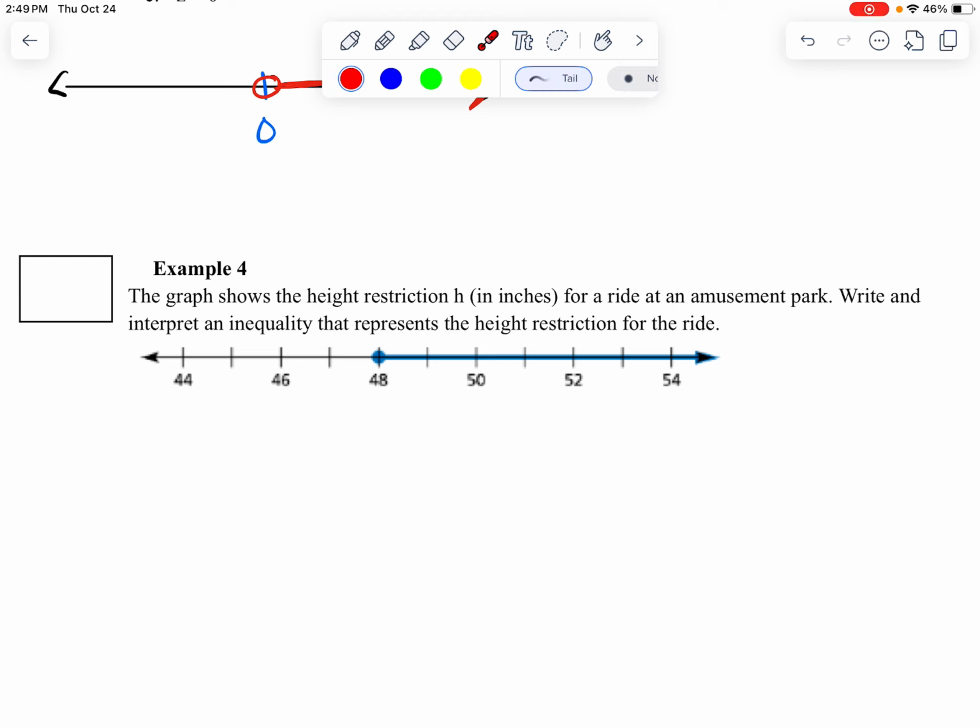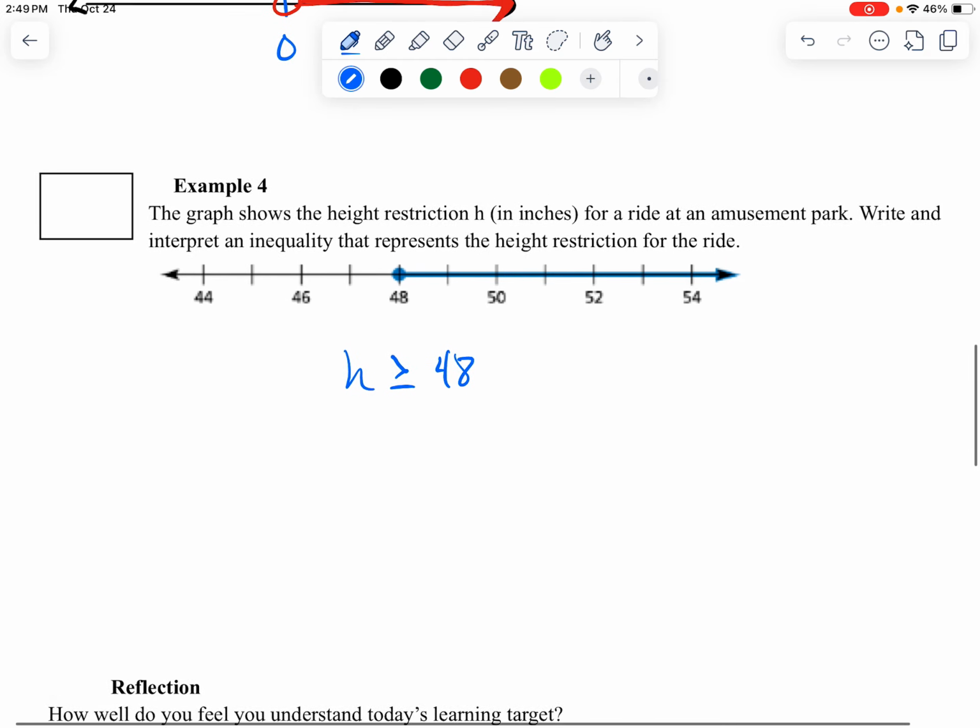And in this case, it looks like you would have to be greater than 48 inches. And since this dot is filled in, you could also be exactly 48 inches. So in order to ride the ride, your height must be greater than or equal to 48 inches. And that's what we would want to write in our interpretation.